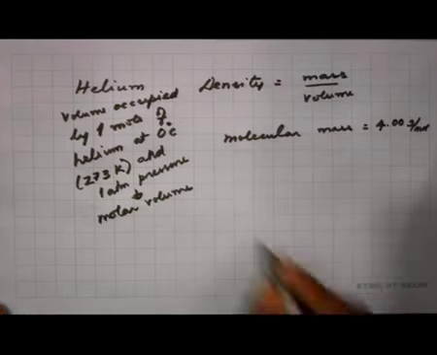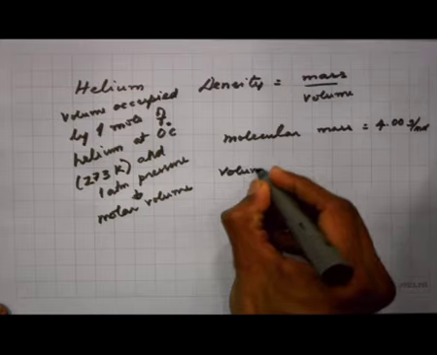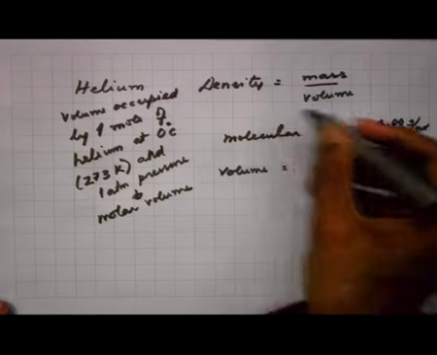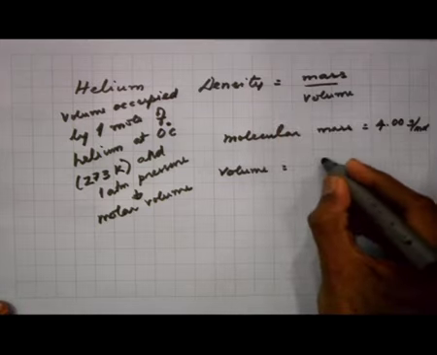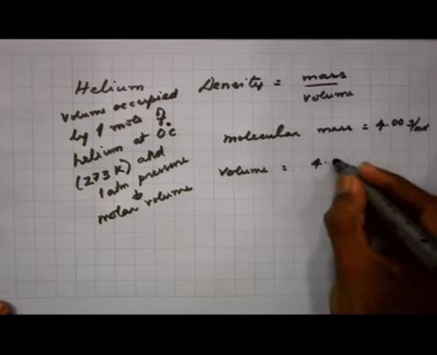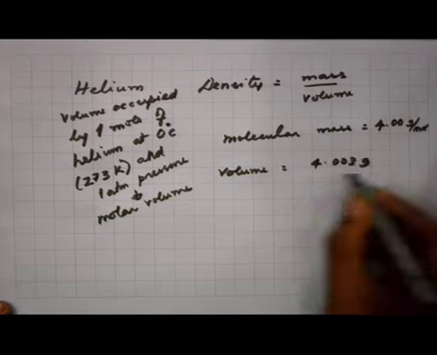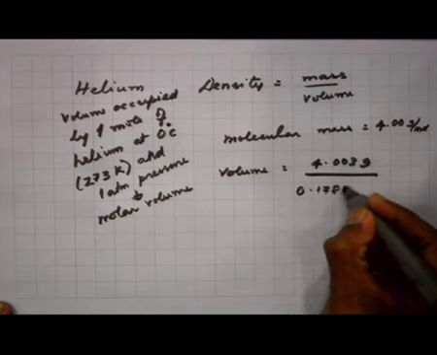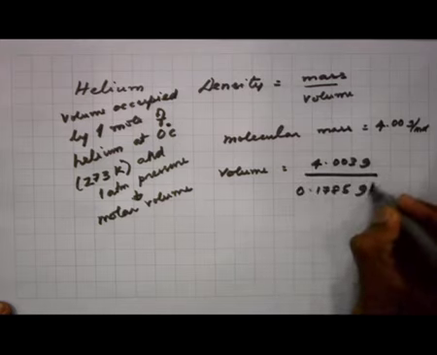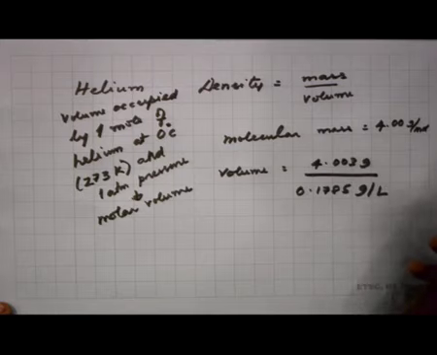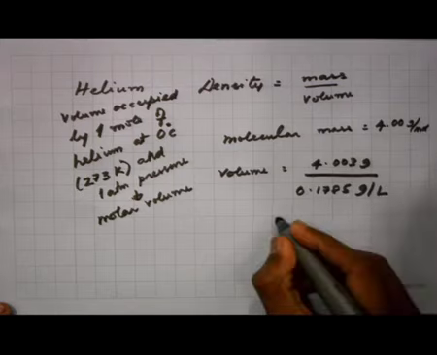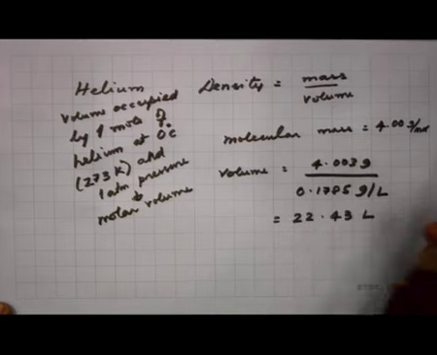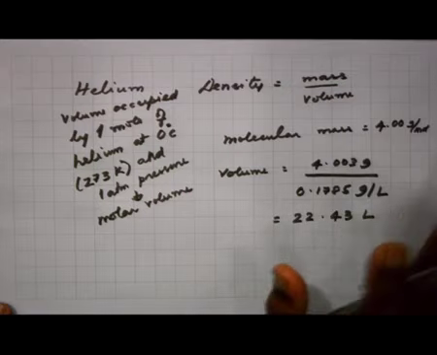So, from the density, we can compute the molar volume. If you looked up some data book, this would work out to be 4.003 grams over 0.1785 gram per liter, which works out to be 22.43 liters.